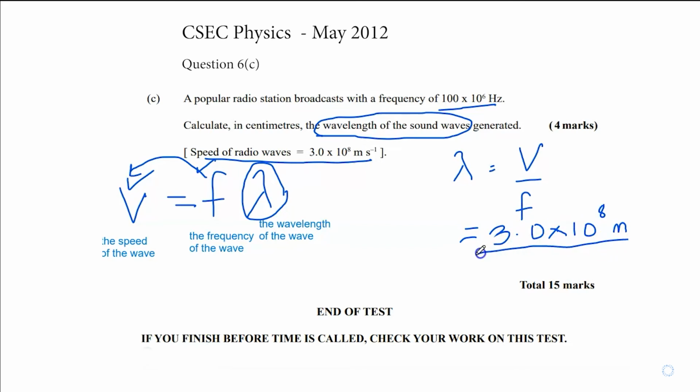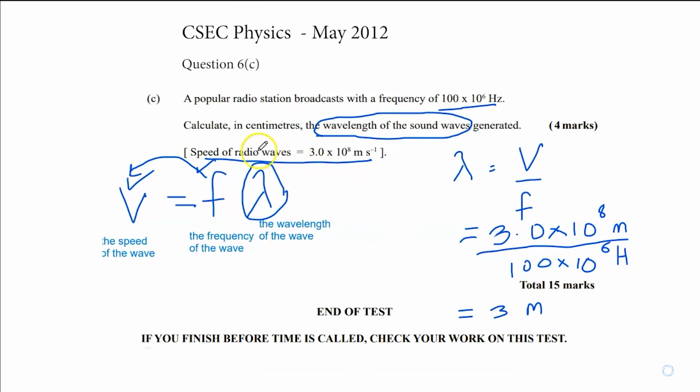The frequency given here is 100 multiplied by 10 to the power of 6 Hertz. I can easily compute this in a calculator and I would end up with 3 meters. Remember that wavelength is measured in meters. So the wavelength is 3 meters.